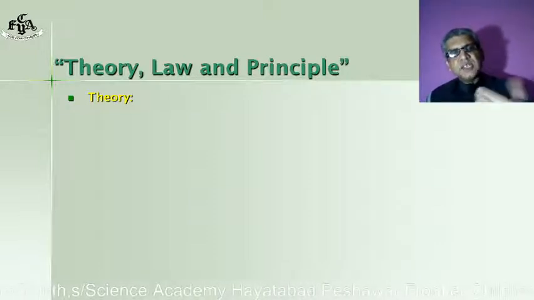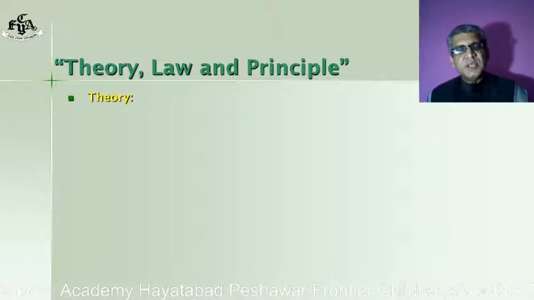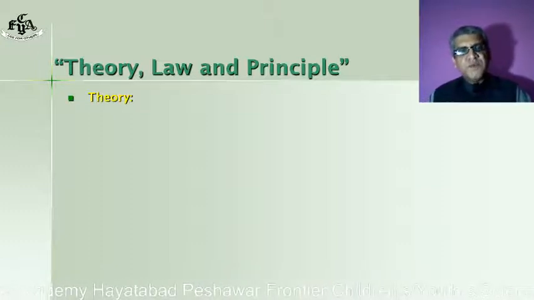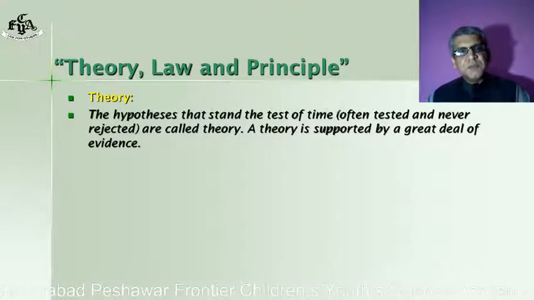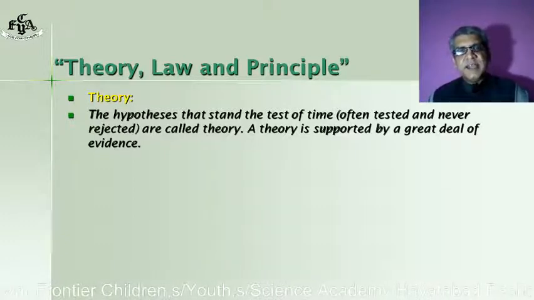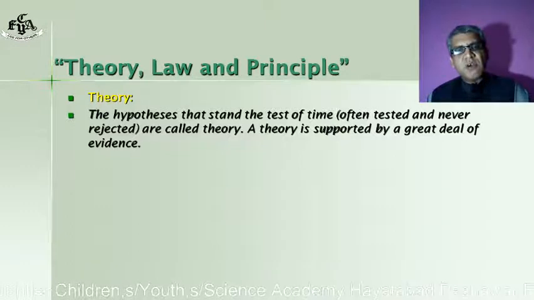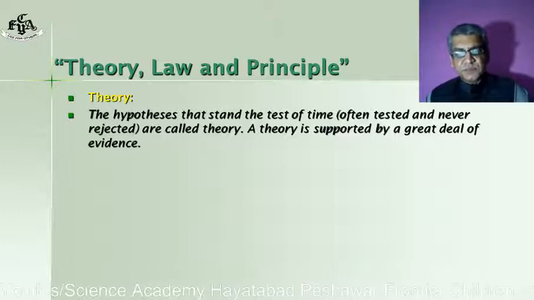So a lot of experiments support this statement and it becomes a theory. So how will we define theory in easy words? The hypothesis that stands the test of time, often tested and never rejected, is called a theory. And a theory is supported by a great deal of evidence.